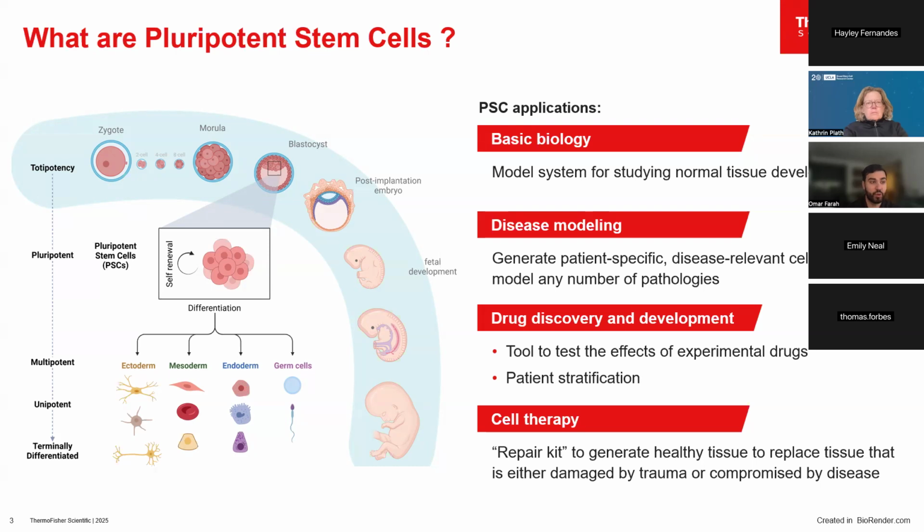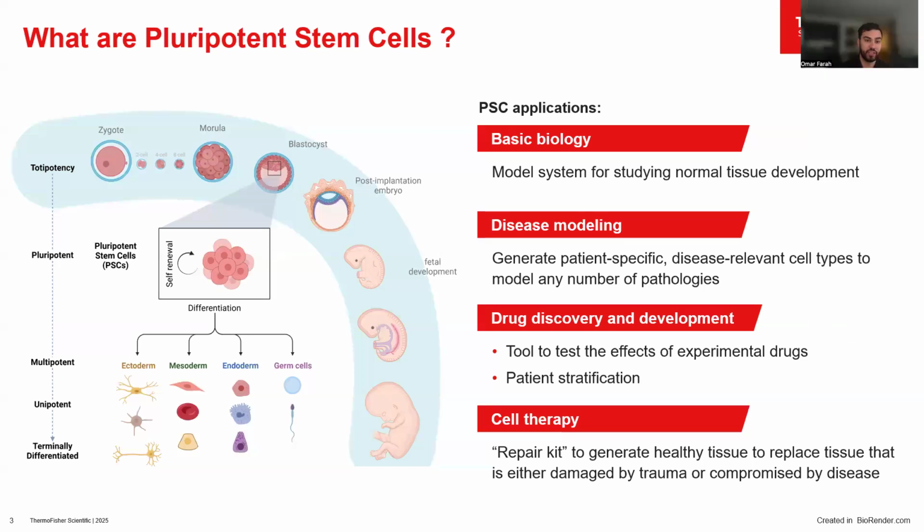Tom did go over a brief example of disease modeling, where you can use these cells to make a genetic mutation in a very specific gene that we know is related to a certain disease. Last week, we gave an example related to Parkinson's disease, where we could then create two different cell lines, one with that mutation that resembles a disease, and then one that would be wild type, and then compare the outcomes when we differentiate these two lines into a very specific type of neurons that we know is lost during Parkinson's disease, that being dopaminergic neurons specifically.